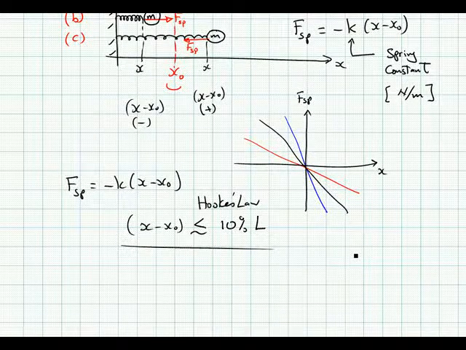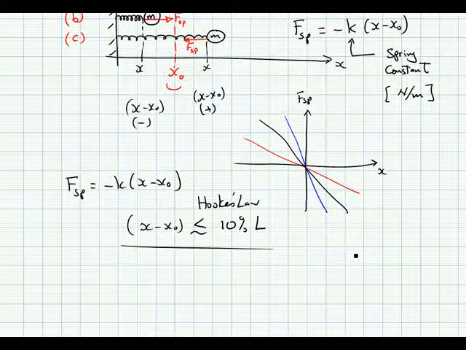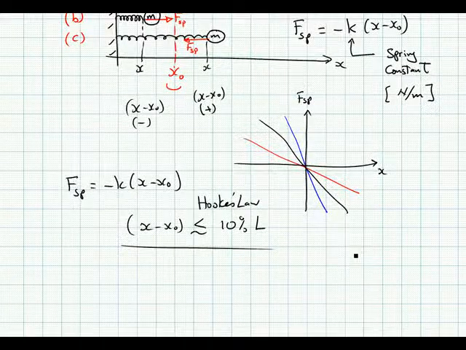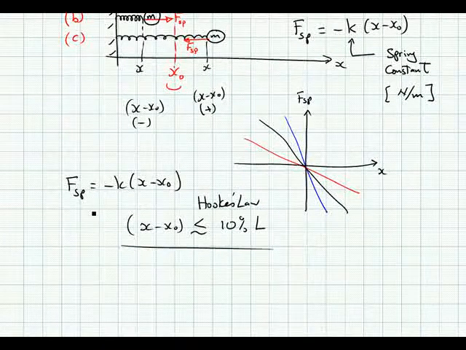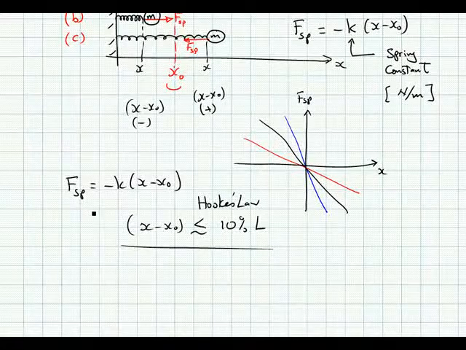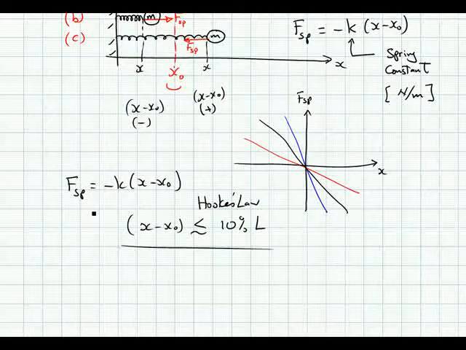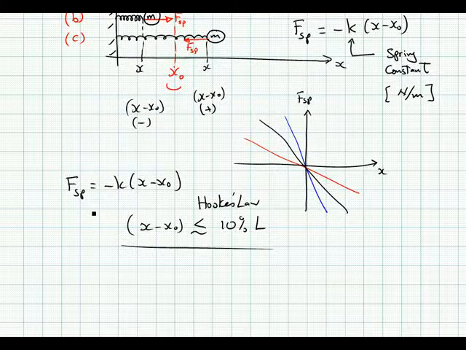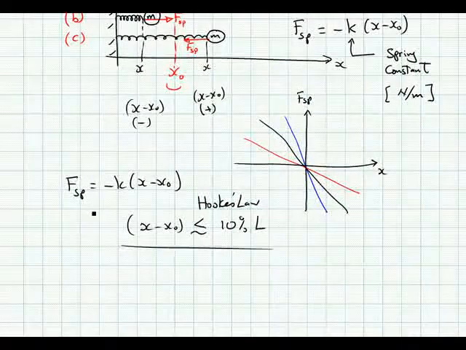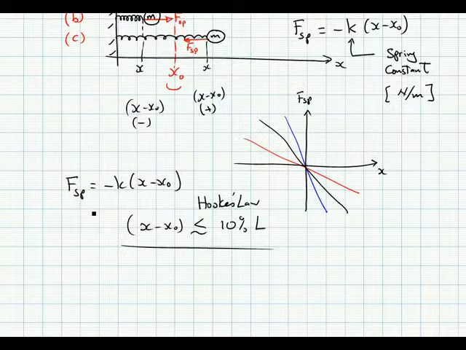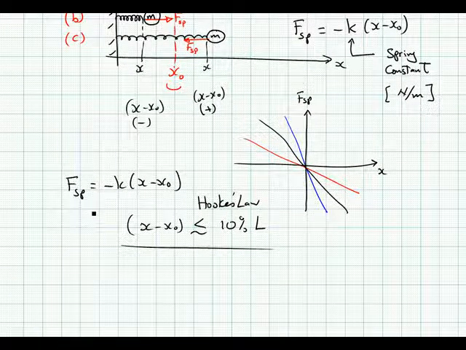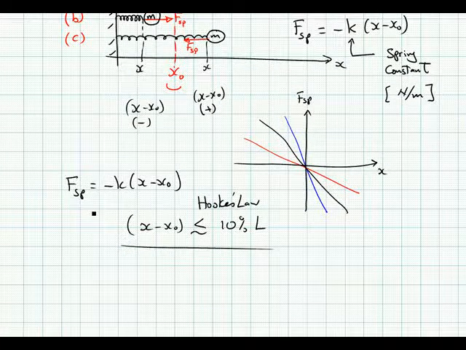If you compress or stretch a spring by more than 10 to 15% of its length, this relationship is not valid. It deviates from this relationship. So strictly speaking it's not a physical law, but historically it's always been referred to as Hooke's law.